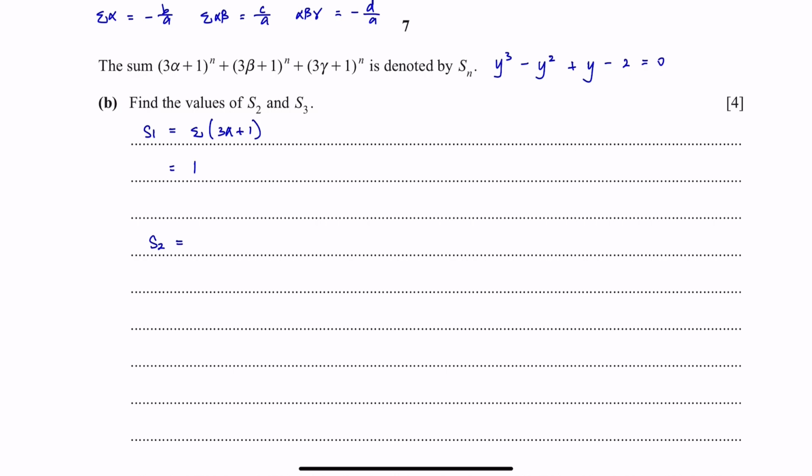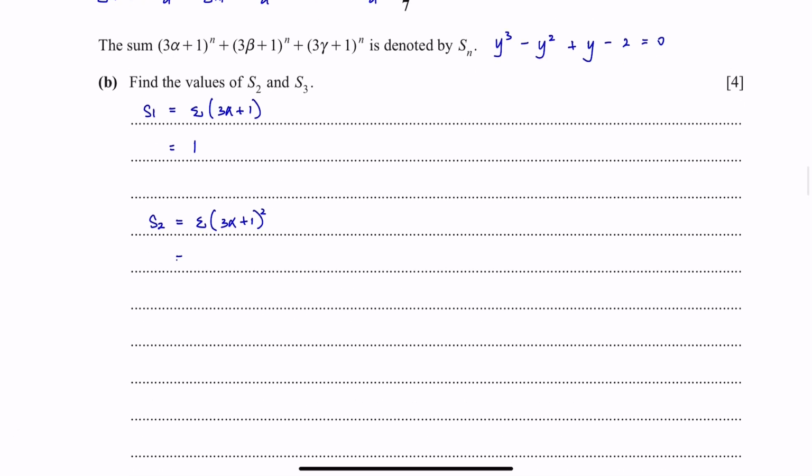S2 is basically the sum of roots squared. So the sum of root squares is the square of the sum of roots, minus 2 times the sum of alpha beta.